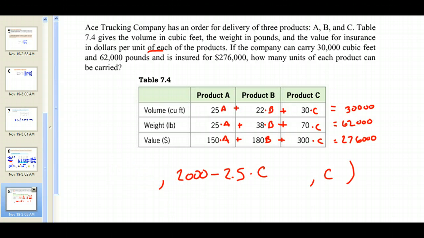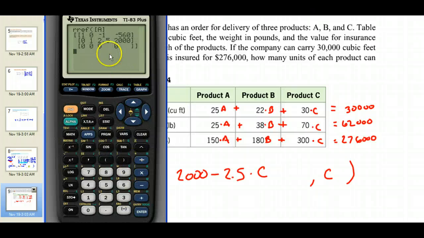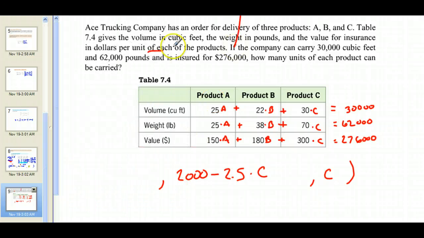And then A, there's the C. If I add that over, negative 560 plus C is what A is equal to. So negative 560 plus C is what A has to be.